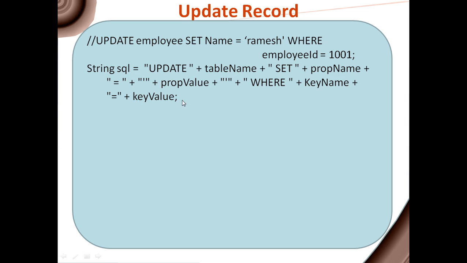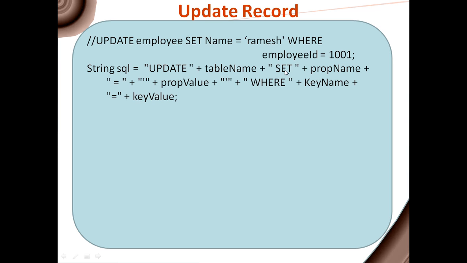String SQL, we are just doing string operation: update, table name is employee, then set with property names, because I am sending the property name here. So here property name is employee ID, because this is a generic method. Then property value, whatever the property value that will be sent, and then where the employee ID is equal to 1001.